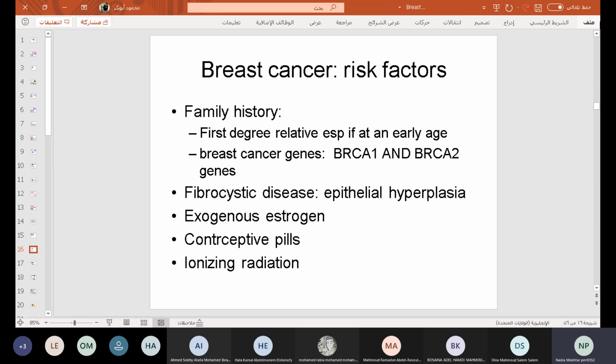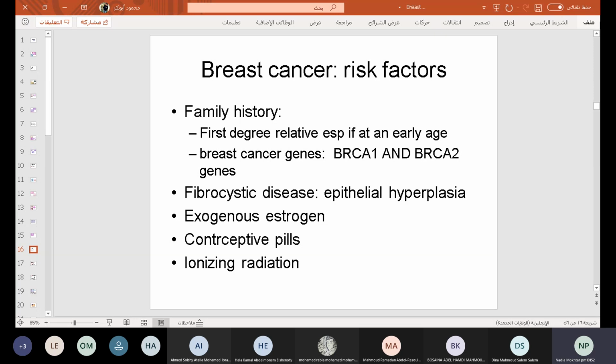We will come to this topic when we talk about the female genital system and how this affects the ovary and ovulation. But just to know that a high estrogen level, sustained high estrogen level is hazardous, including the high level of estrogen in the contraceptive pills. Last effect, which is again very rare, but it can occur during wars, ionizing radiation.